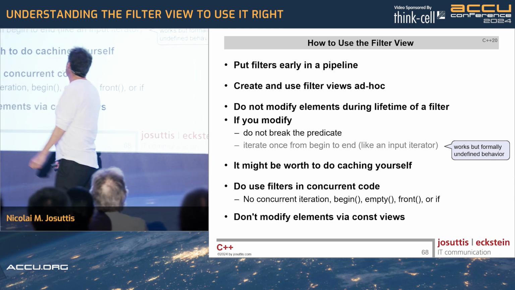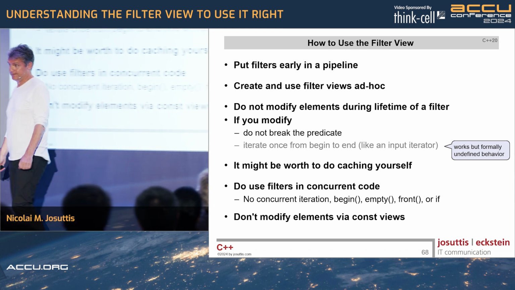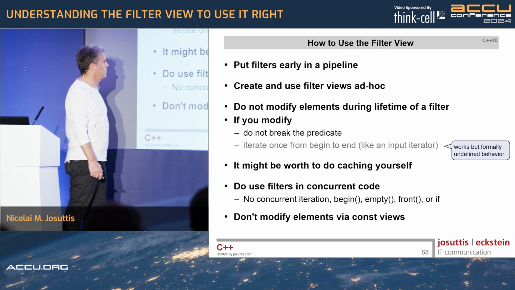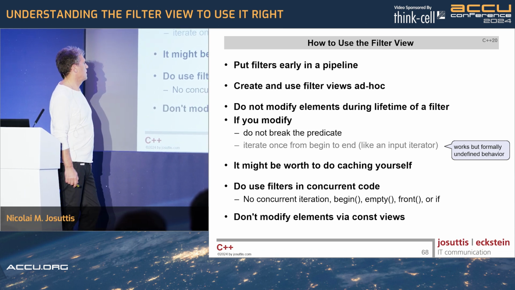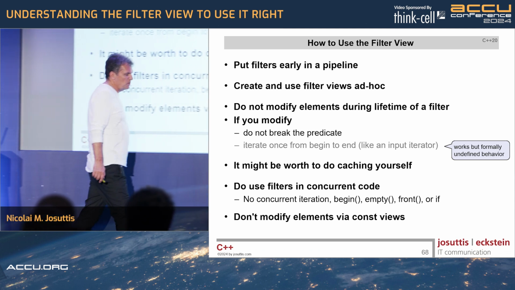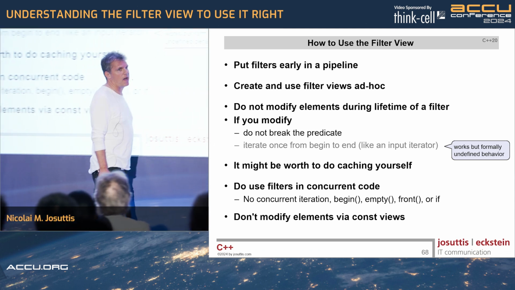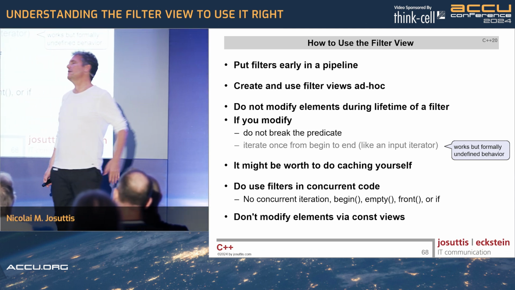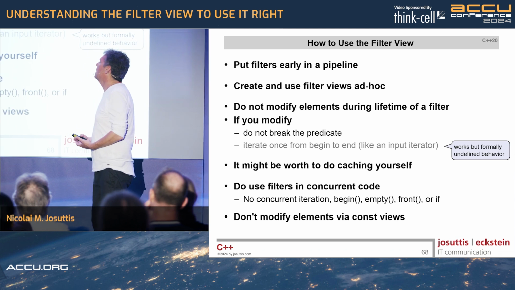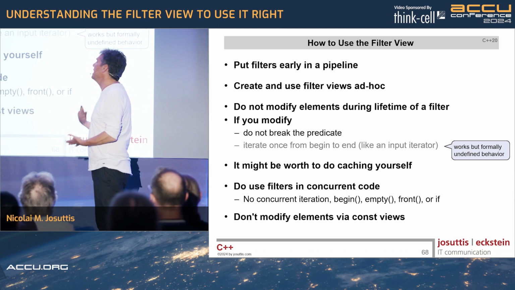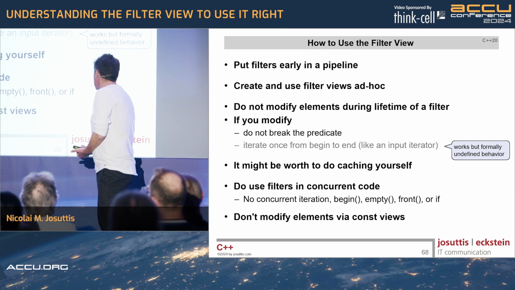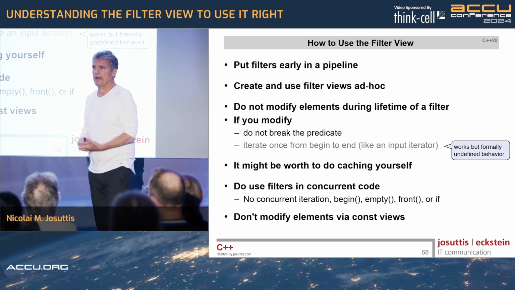It might be worth to do caching yourself, because the existing caching might not be the best. Do not use filters in concurrent code. Never, never. Well, okay, at least do not concurrently call begin, empty, front, or if for them. That means do not concurrently iterate over them and call empty somewhere else. Don't do that.